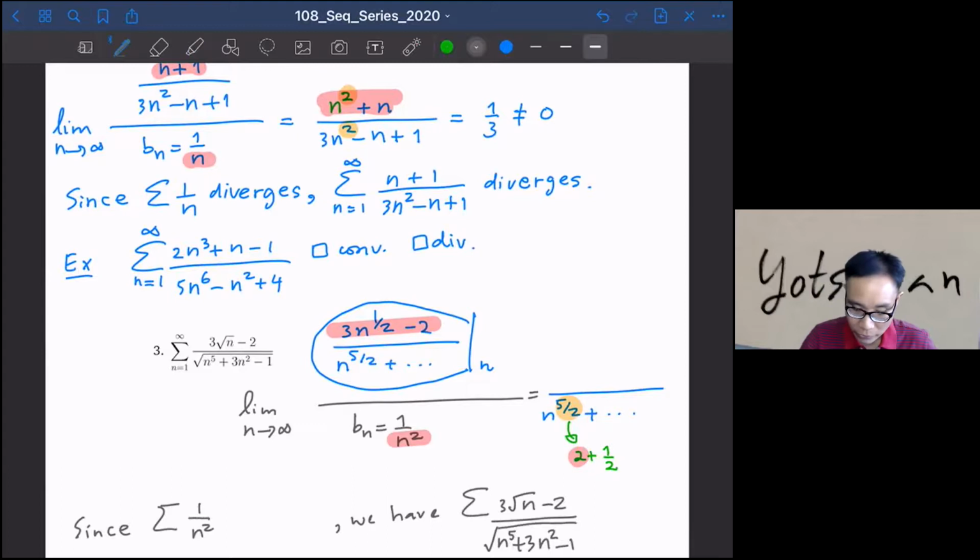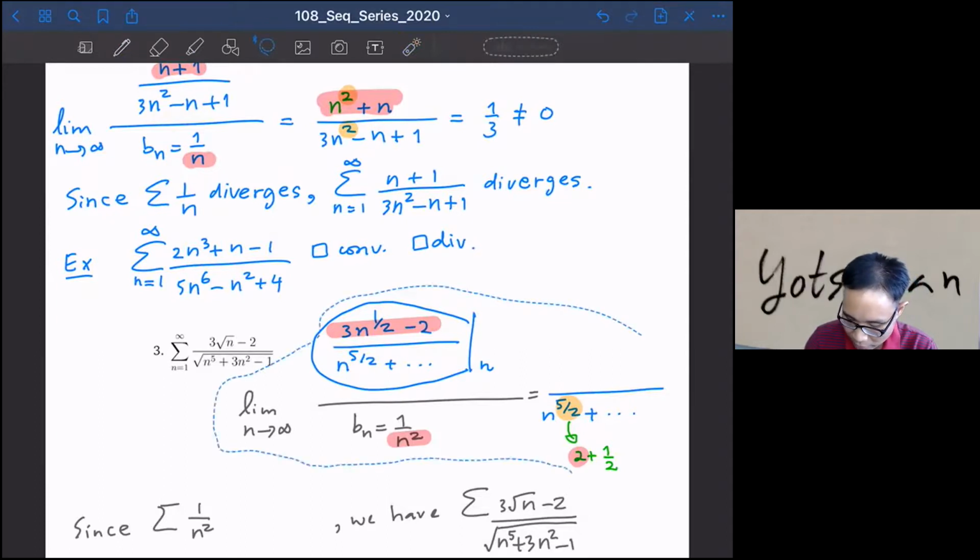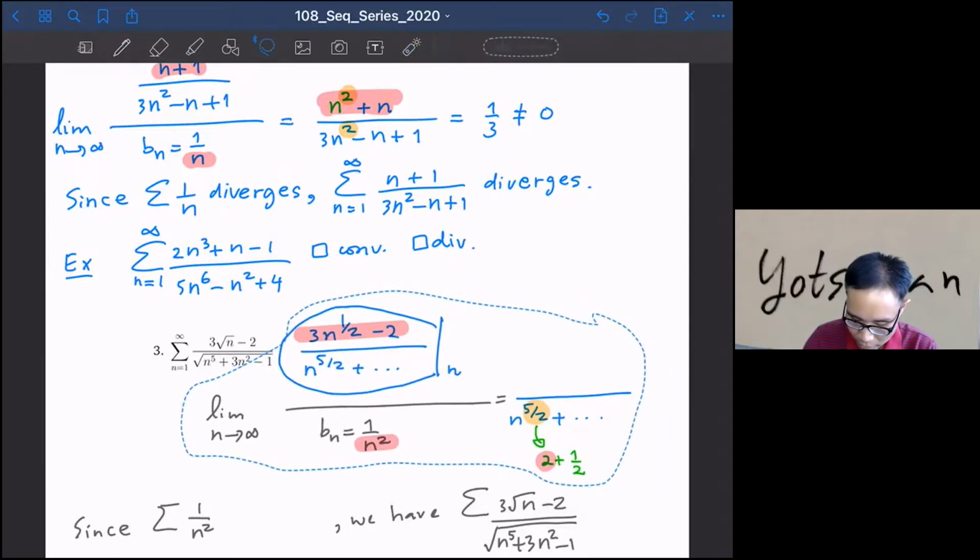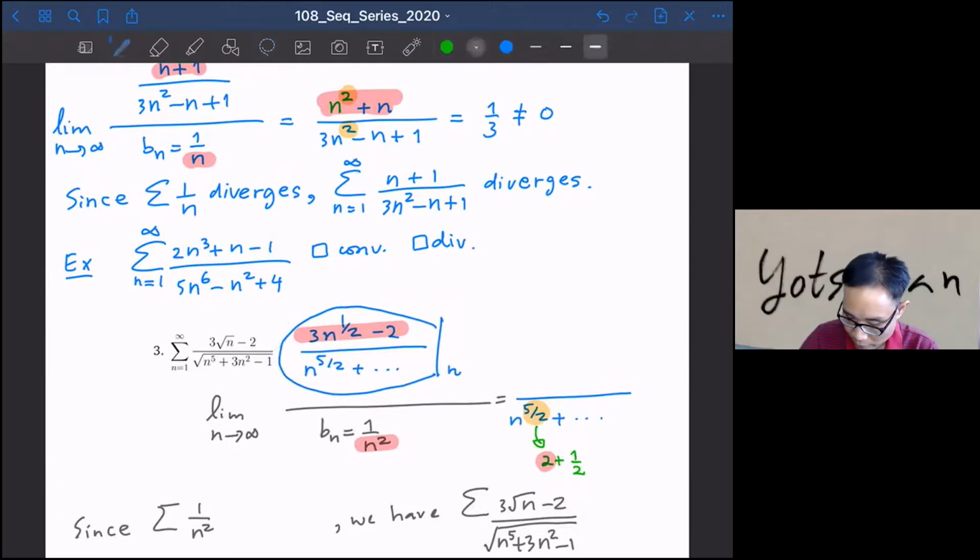You're going to tell me convergence or divergence, and you find also the limit. Don't forget to find the limit for me. And this one equal to what? Not equal to 0 or more than 0. So that is going to be the conclusion that we can draw.